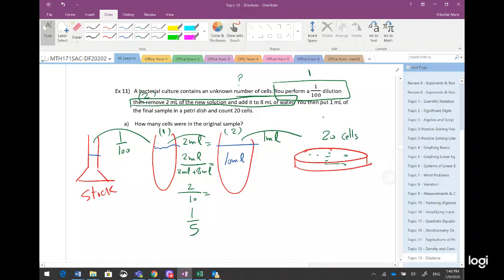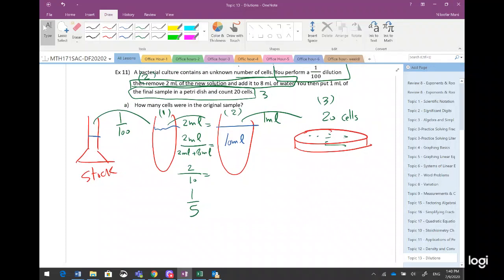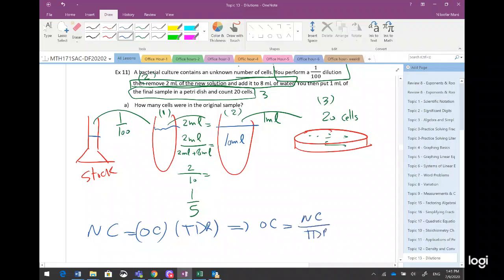Okay, so this is the third part. Number 3. Okay, so how many cells were in the original sample? Means I want to find the original concentration, right? I have the new concentration. Okay, so let's find it. I have new concentration equal to old concentration multiplied by total dilution ratio. Therefore, old concentration is new concentration divided by total dilution ratio.